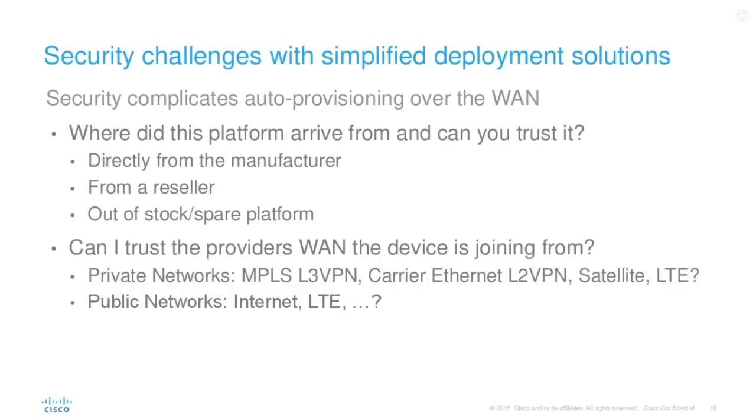How do I know that I can trust this platform comes from the reseller that I've bought it from? And then do I trust the provider's WAN? So is this MPLS? What is the actual service provider that I'm moving over, and do I trust them going over that?